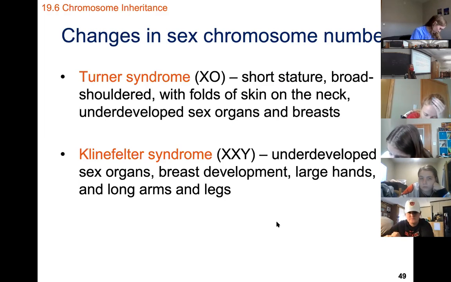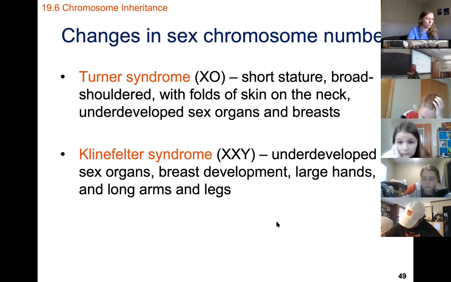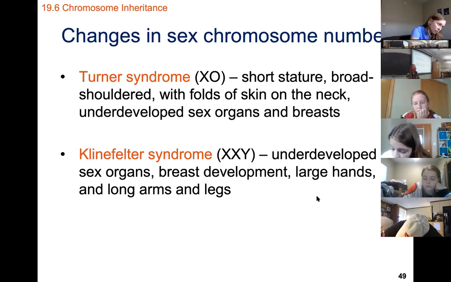If you're lacking one of your sex chromosomes, the underdeveloped sex organs seem explanatory if you're lacking a chromosome in that sex cell location.